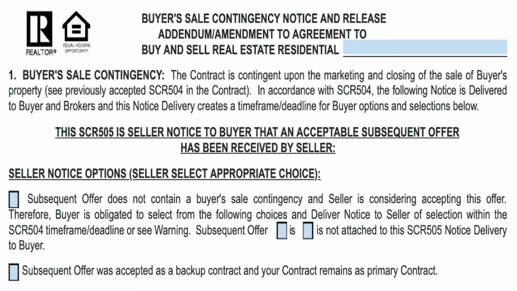The first box says the subsequent offer does not contain a buyer's sale contingency or buyer's Form 504, and seller is considering accepting this offer. Even though you're in a contract, the seller is considering accepting. Therefore, buyer is obligated to select from the following choices and deliver notice to seller of selection within SCR 504 timeframe deadline or see the warning.